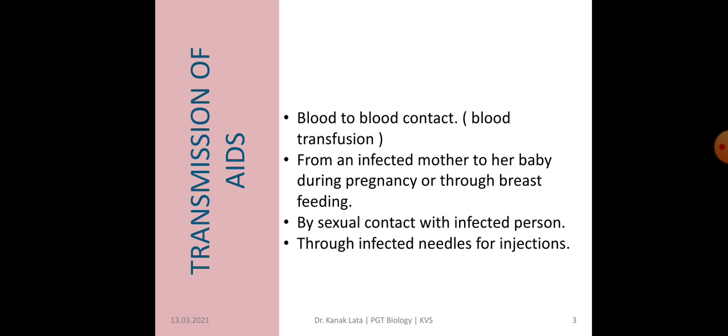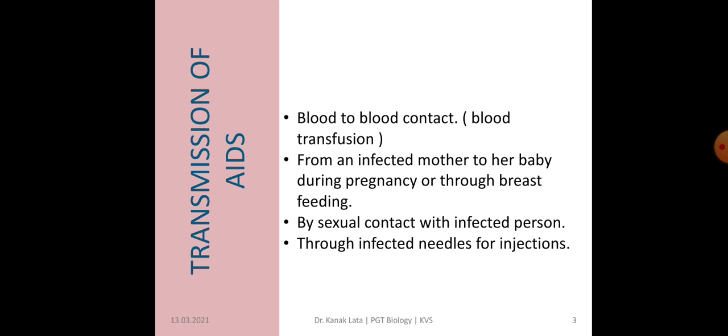Now let us see how the transmission of AIDS takes place. Transmission of AIDS takes place through blood-to-blood contact, that is during blood transfusion, when blood is transfused from an infected person to a healthy person.